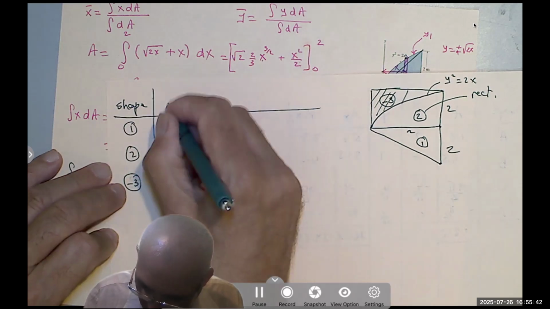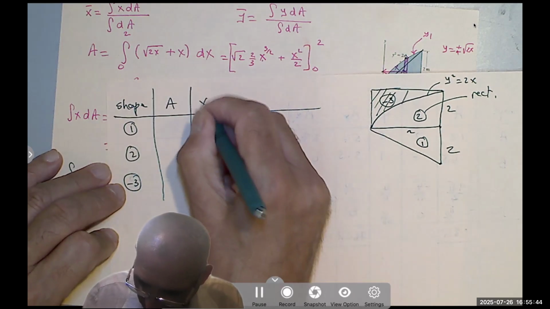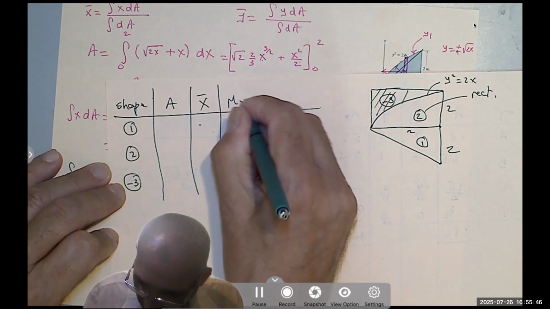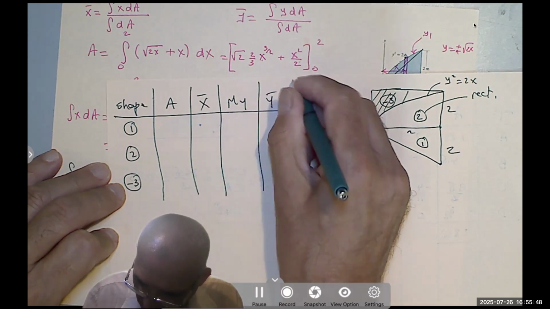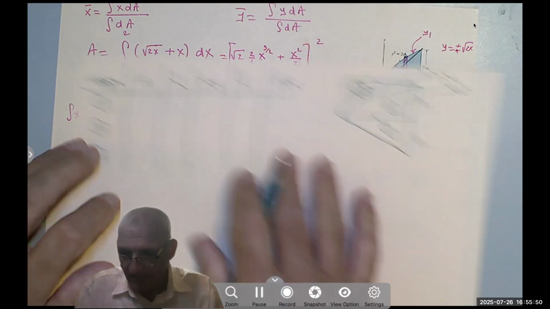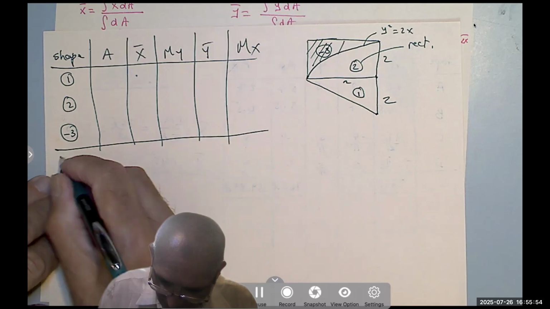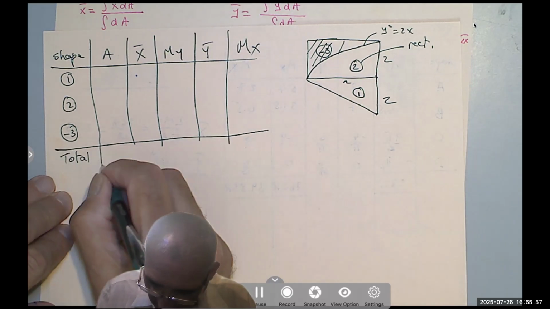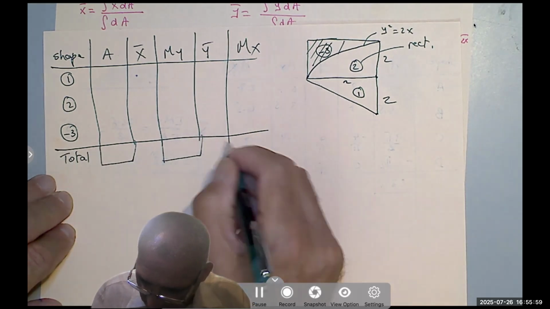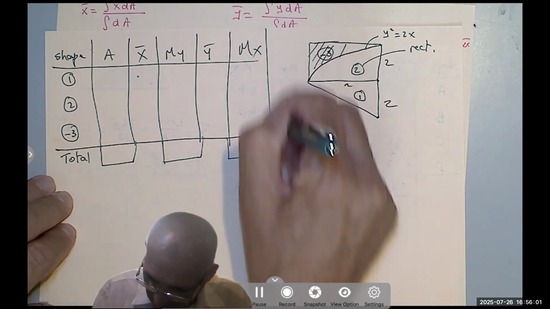And then I'm going to say the area, the x bar, my, y bar, mx. It's not going to take long. And then I have total area, total my, total mx.